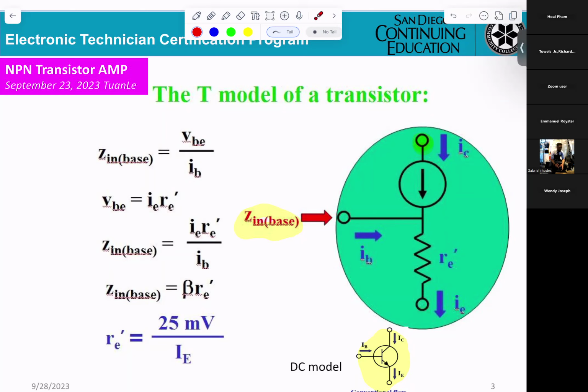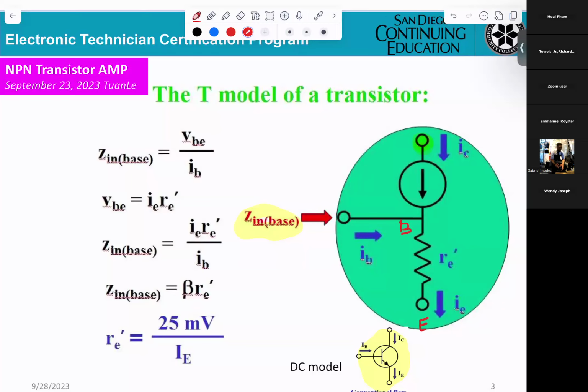Okay, you see the difference between DC and AC. This is the base here. Okay, emitter here.